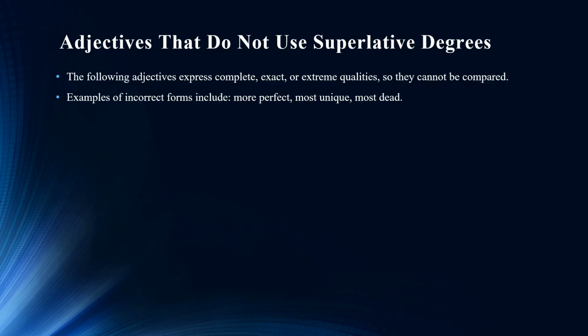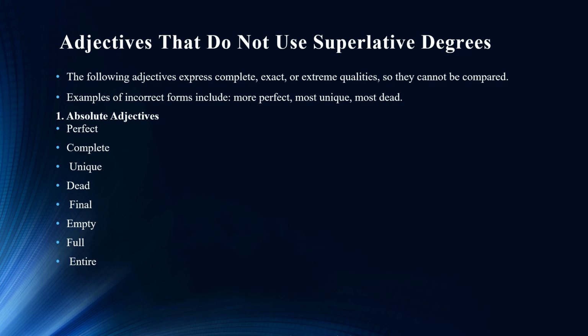With these certain words we do not use comparative or superlative degrees. These words are absolute adjectives: perfect, complete, unique, dead, final, empty, full, entire, whole, infinite. So these are absolute adjectives with which we do not use comparative and superlative degrees.